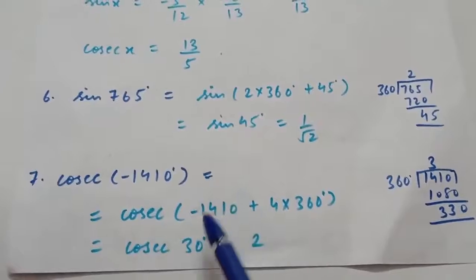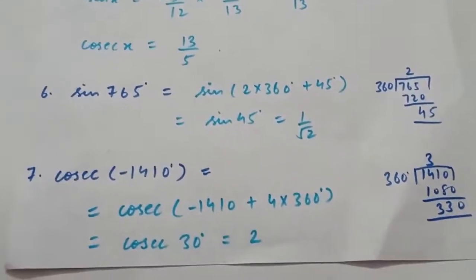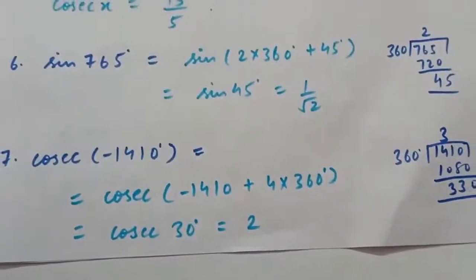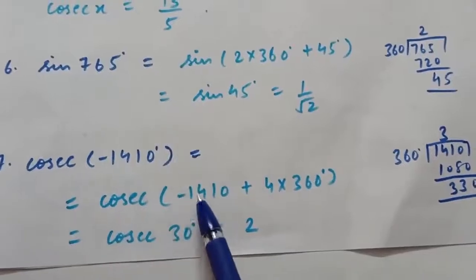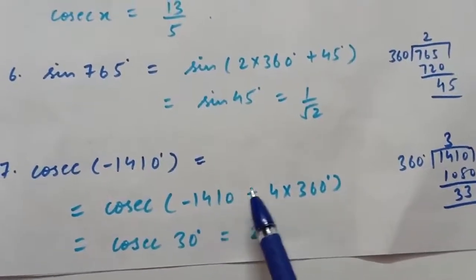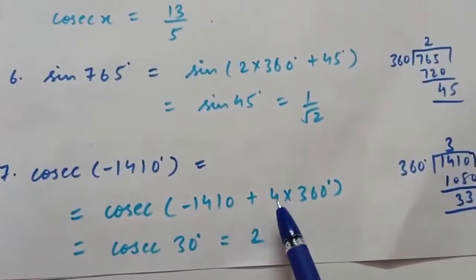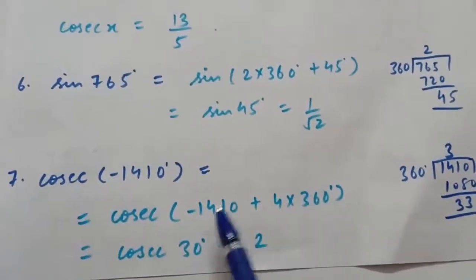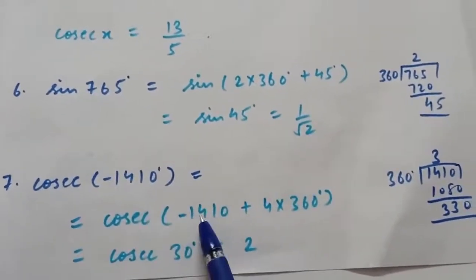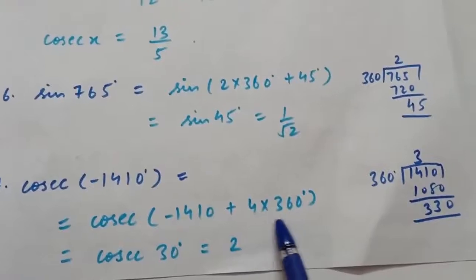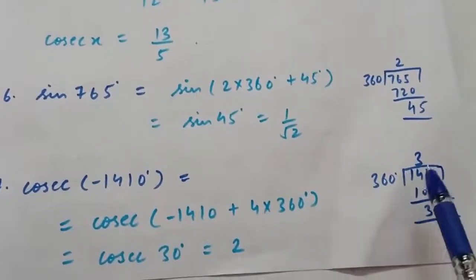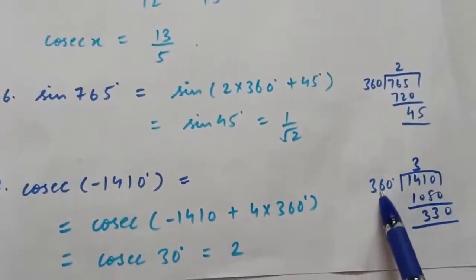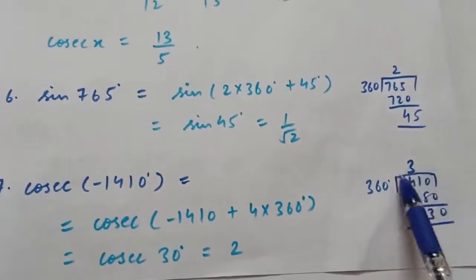Now question number 7, cosecant of minus 1410 degree, which is equal to, so it will be equal to this, because in this we are increasing it with a multiple of 2 pi only. So this will remain same. Why we are adding 4 into 360? See this, when we divide this with 360, it goes at 3, right?